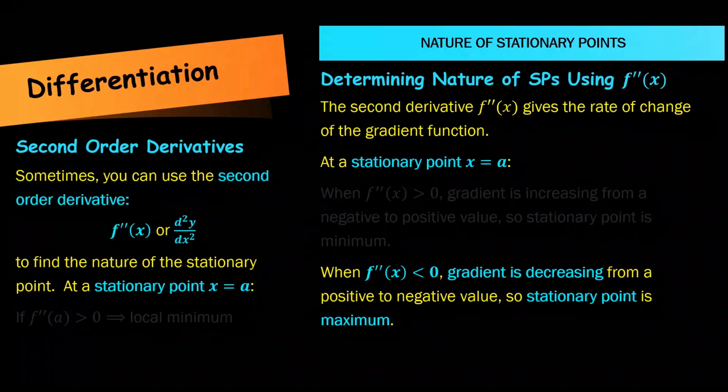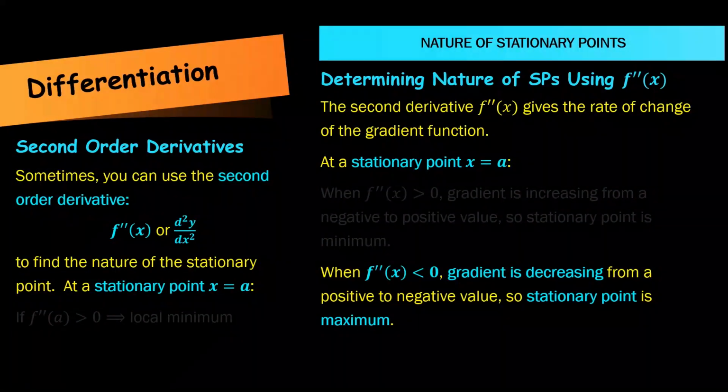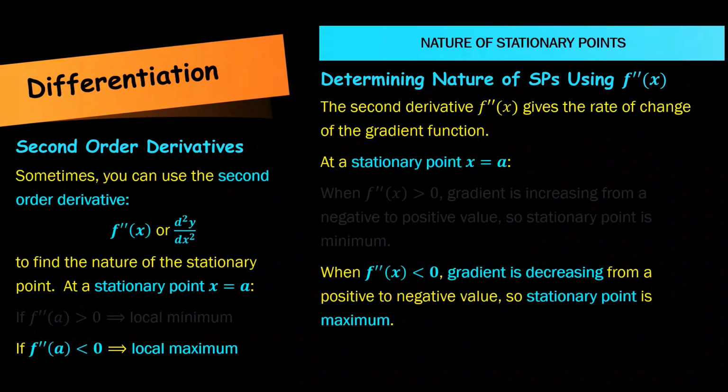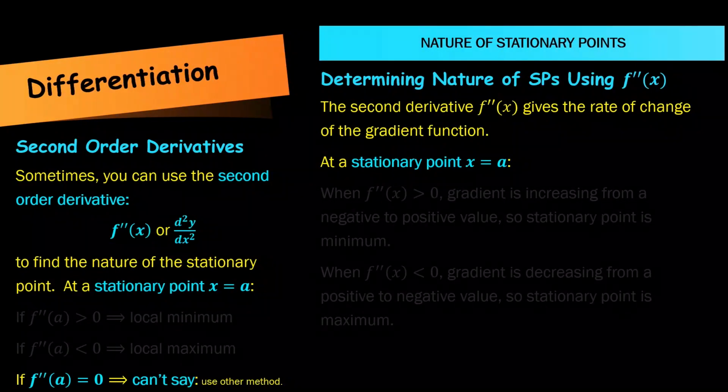So the stationary point is a maximum. And therefore, if f''(a) is less than 0, then we have a local maximum. Now, if f''(a) equals 0, then we actually can't say anything, and we need to use the other method.